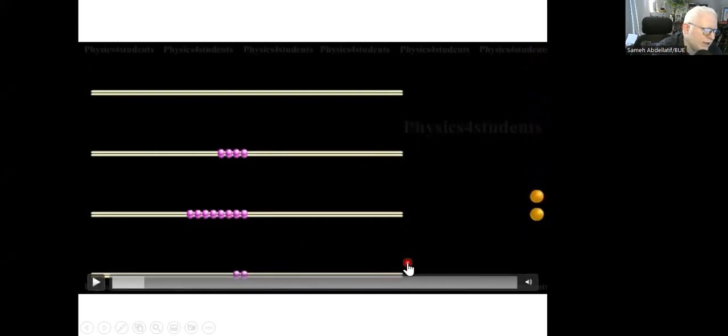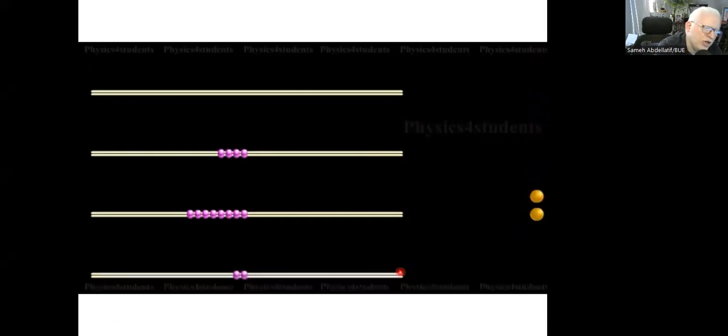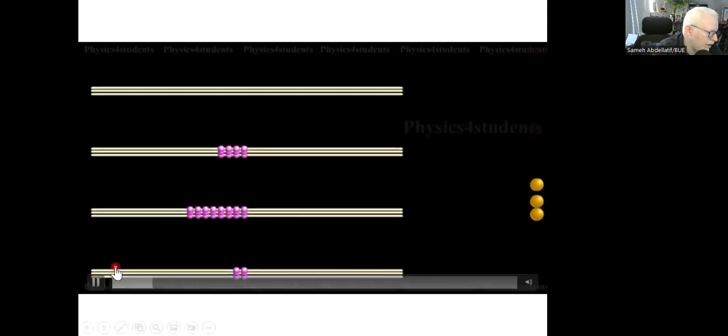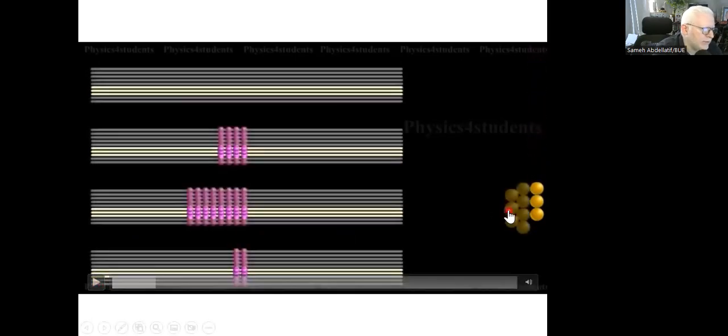As you can see, each pair of energy levels of the same energy will start to overlap. Here we have 2 levels, each with 2 electrons. Here we have 2 levels, each of 8 electrons. Here we have 2 levels, each of 4 electrons, and so on. Then we add a third atom, and the same happens, until we reach this structure.